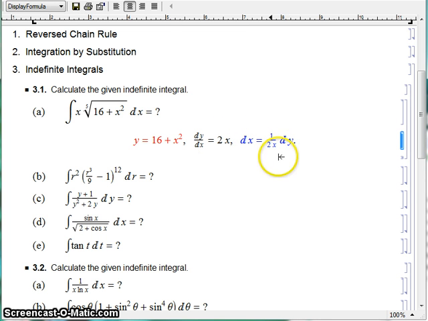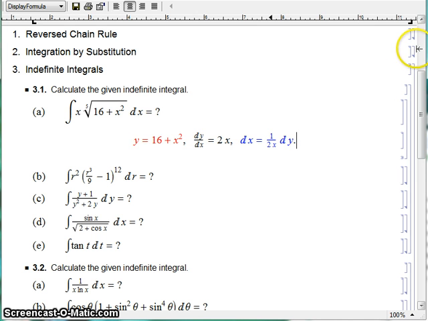And all of these are going to be necessary for calculating this integral. Why? This y equal to 16 plus x squared is going to be used to simplify this part. 16 plus x squared will be replaced by y. And then this dx part will be replaced by 1 over 2x times dy.